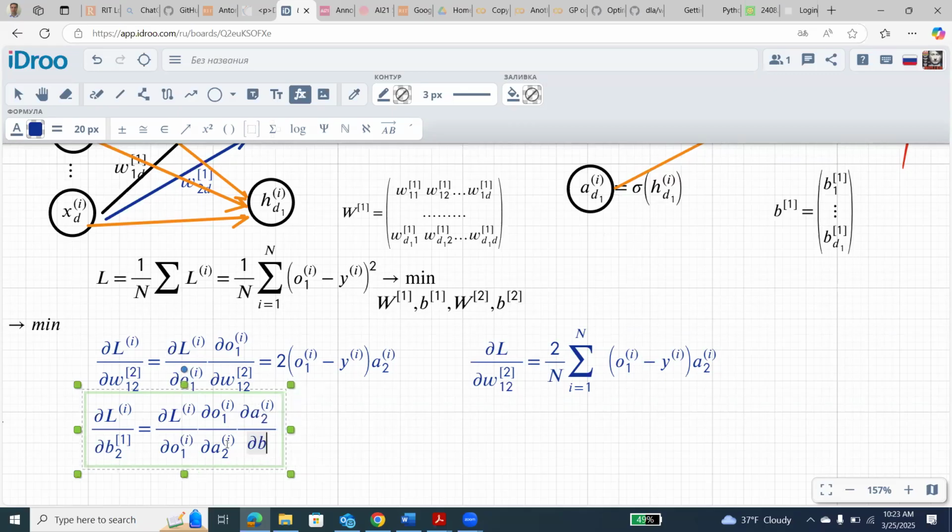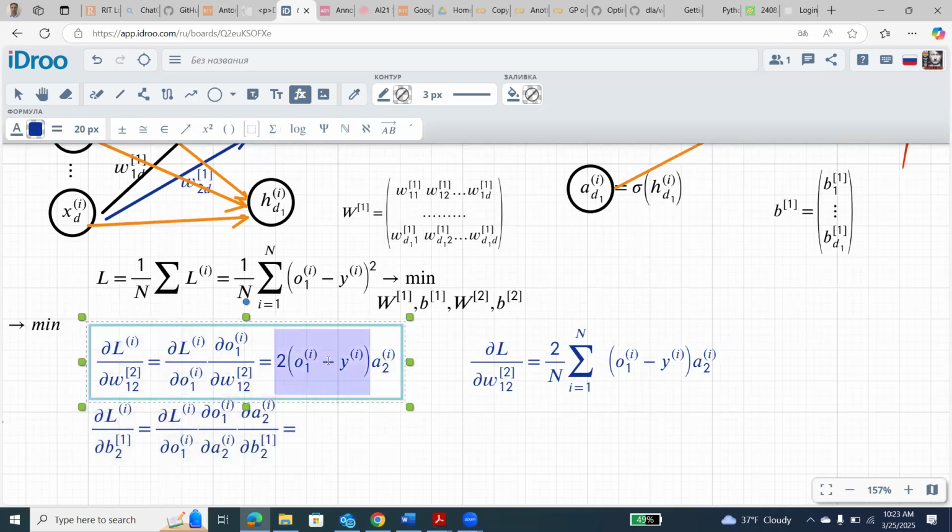With respect to B2 from the first layer. The first derivative is the same, 2 times (O minus y).